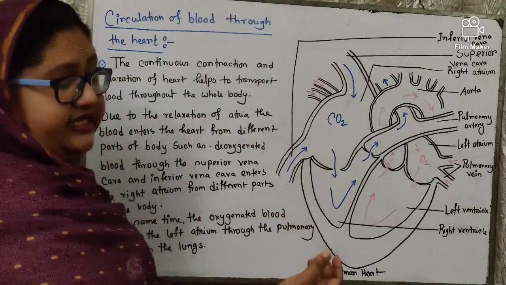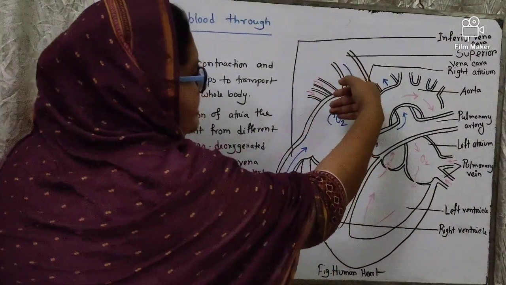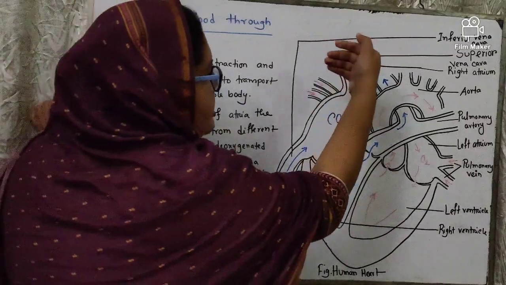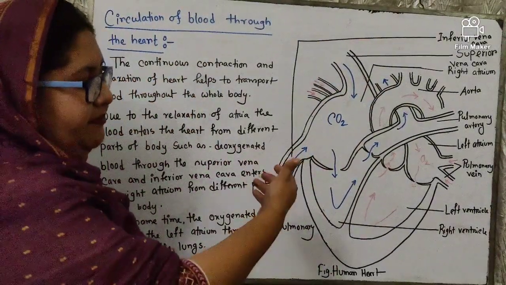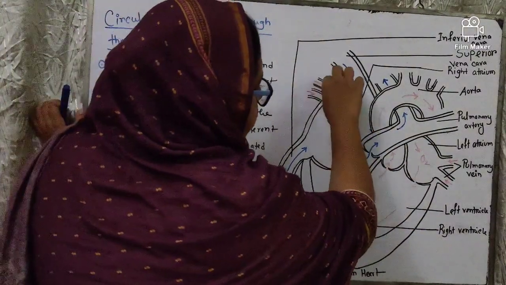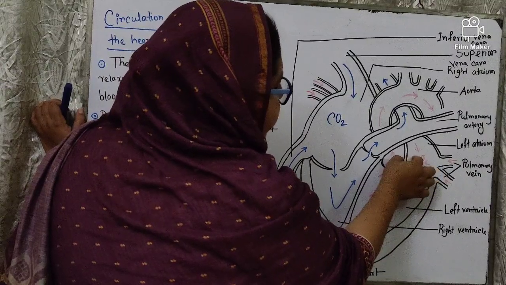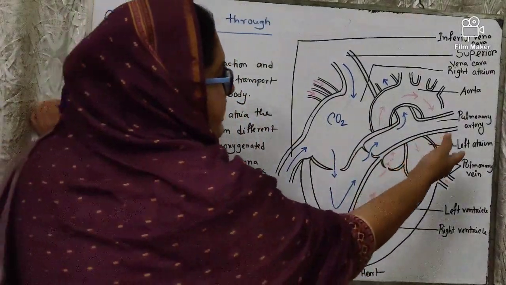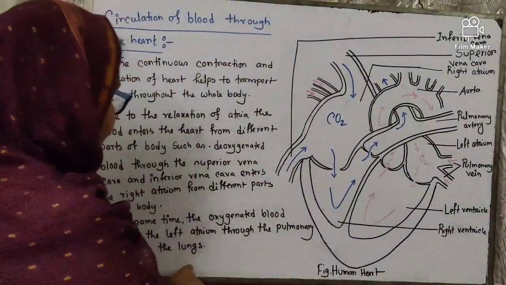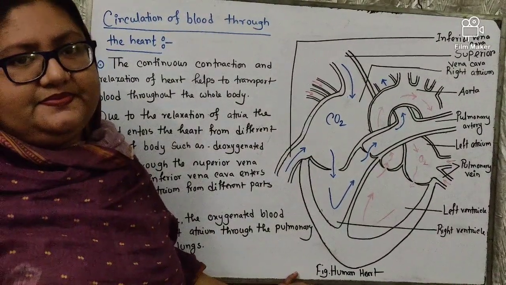Okay, it is a two-dimensional diagram, so these two veins are just representing that these are the back part of this diagram. So with the help of pulmonary veins, the oxygen-enriched blood enters at the same time in the left atrium. It is coming from the lungs.